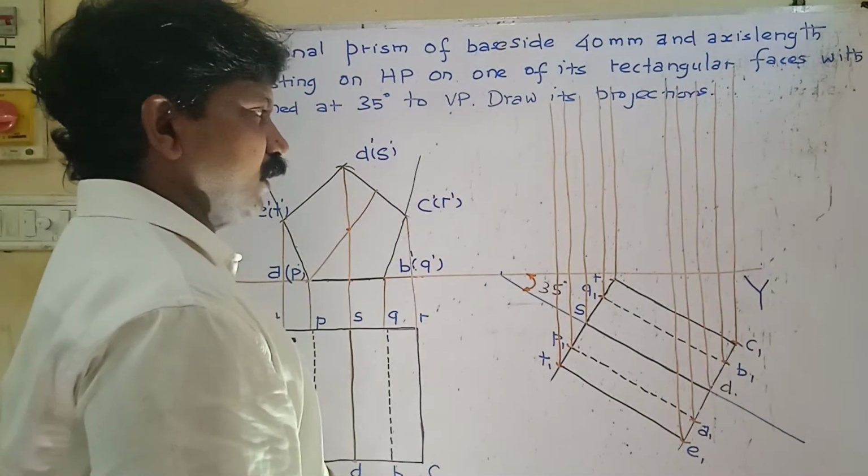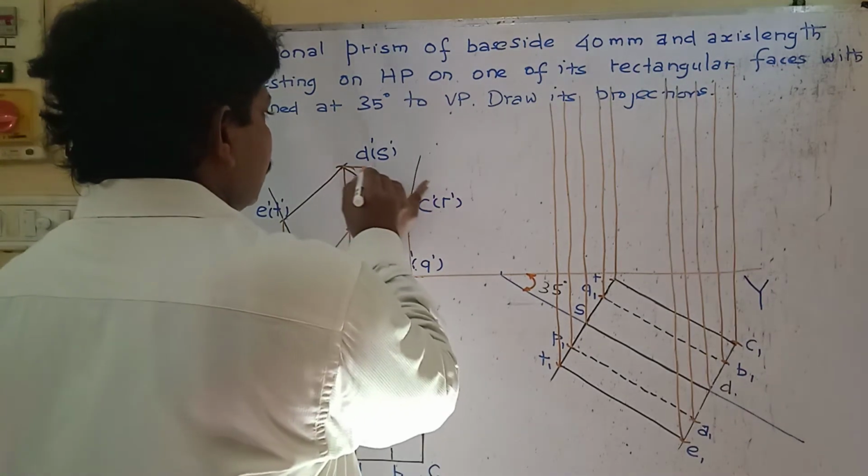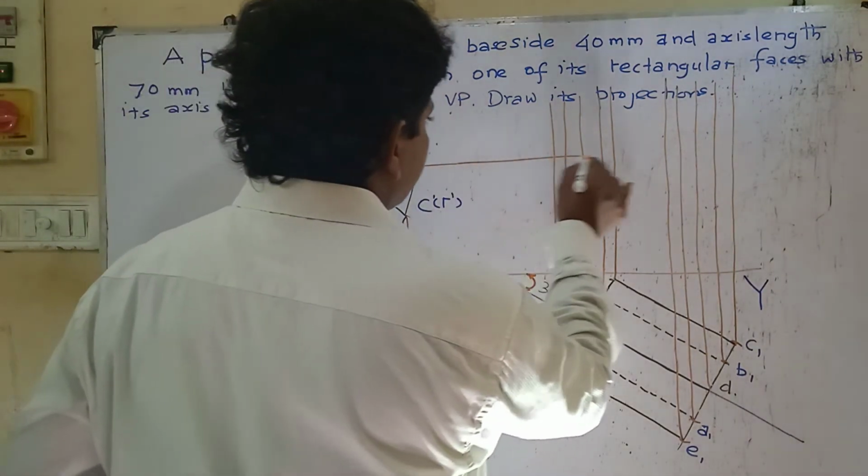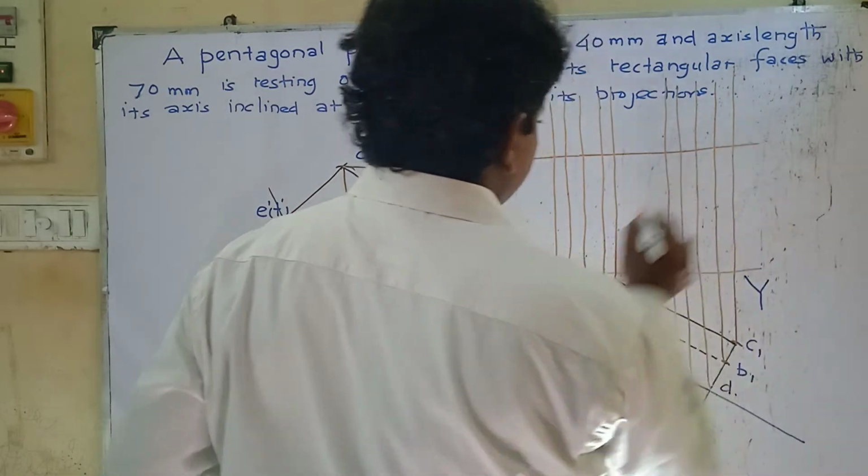And draw the horizontal line from the front view, using a 2H pencil.